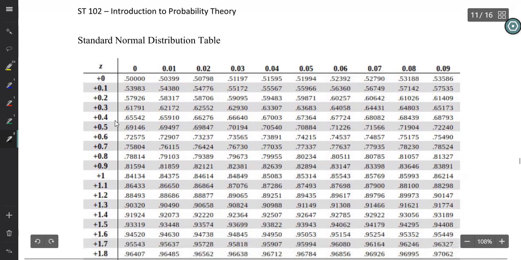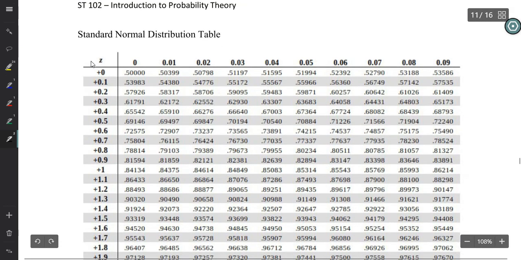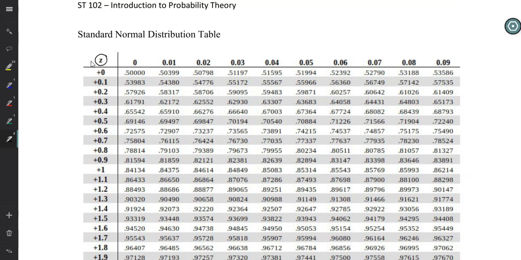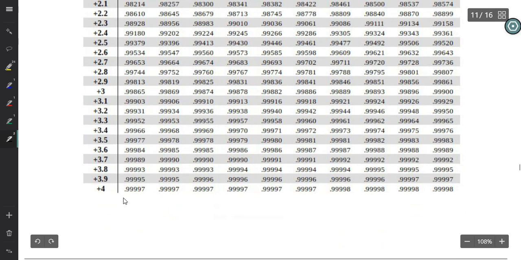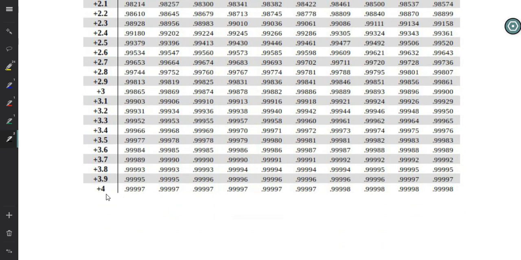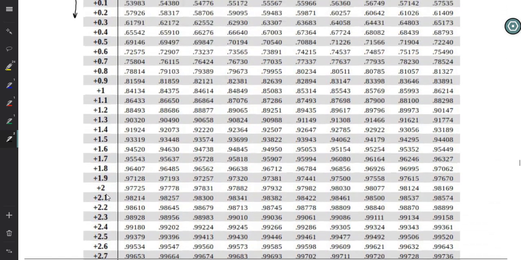Now what do you see here? You see the letter Z, and in the first column you see it starts from 0, 0.1, 0.2, 0.3, and so on. It goes up to 0.4, because beyond that you won't get many values. Those are the tail probabilities.